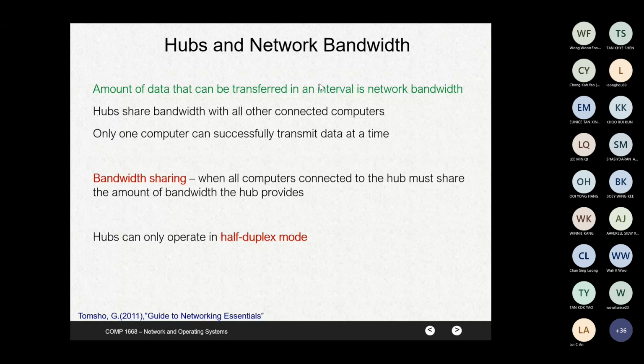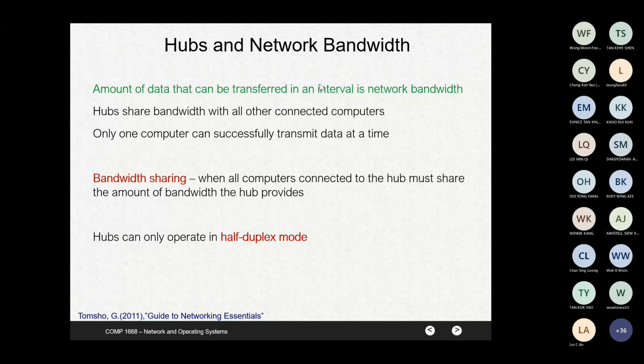I hope all of you are still with me and following. Next week, when I see all of you, I'll refresh what simplex, half duplex, and full duplex are, and how a hub operates. The reason I'm stressing this is that this is how the exam will set the question. They will ask you to compare hub and switch in terms of operation.